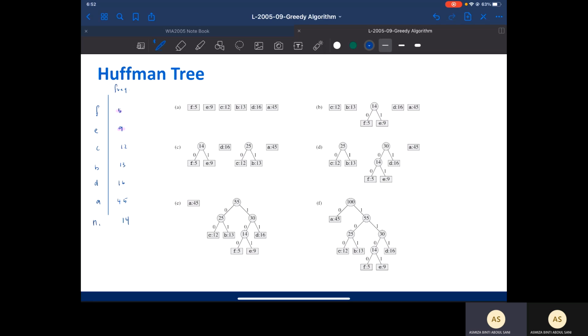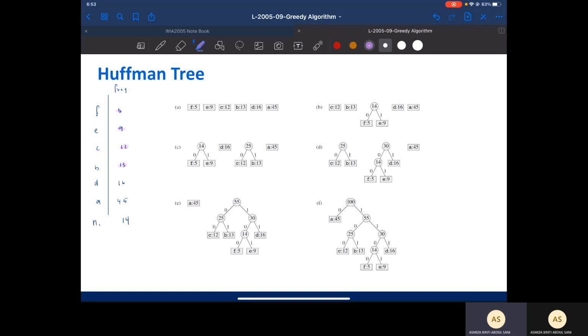So the next step is we find the next two smallest values again. We look at the rest of these, and basically we can see here that it is 12 and 13.